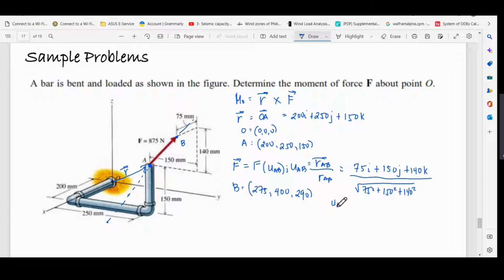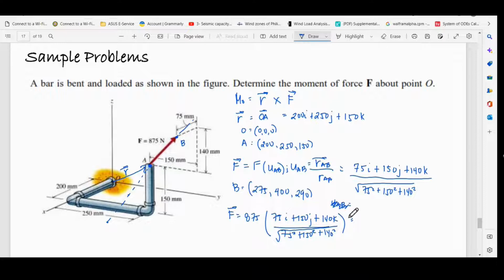So the unit vector now is equal to, pwede natin i-diretso. Okay, diretso na lang natin. So we have here, the Cartesian vector form of force F is 875 times 75I plus 150J plus 140K divided by square root of 75 squared, 150 squared, 140 squared.